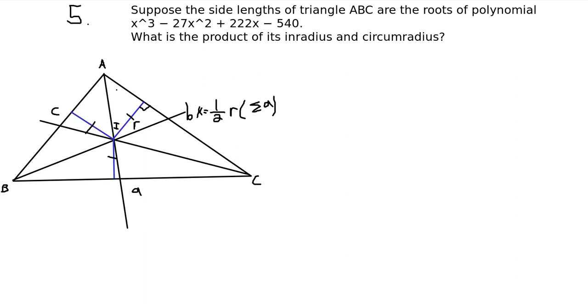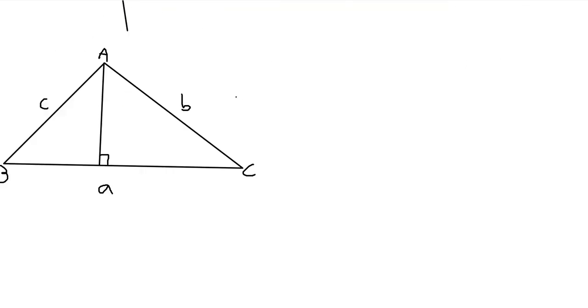Now obviously this isn't the only formula for the area of a triangle. We know that 1/2 base times height is the traditional formula, right? The base here is just little a, but what if we want to find this height? How can we express it?